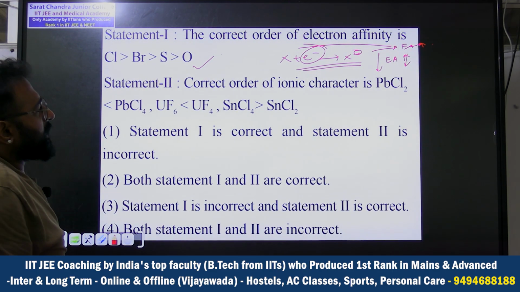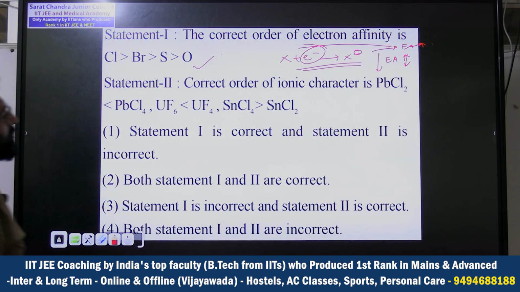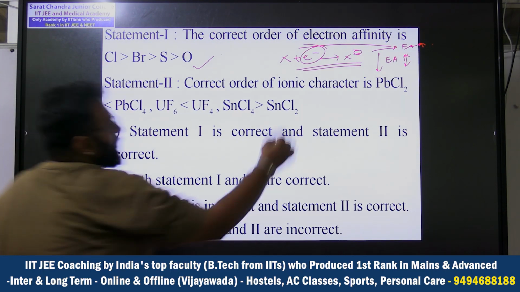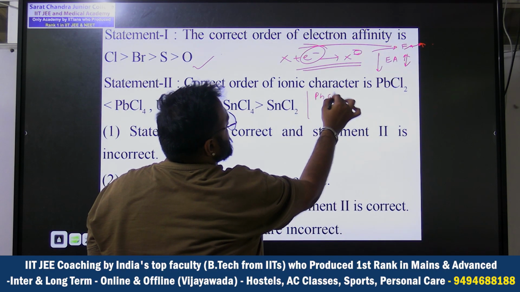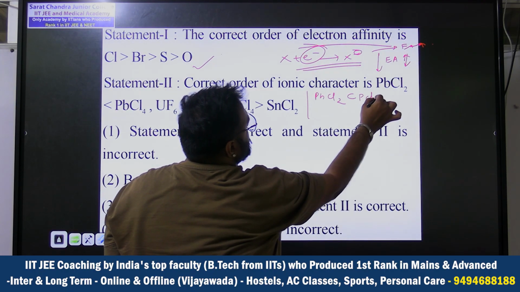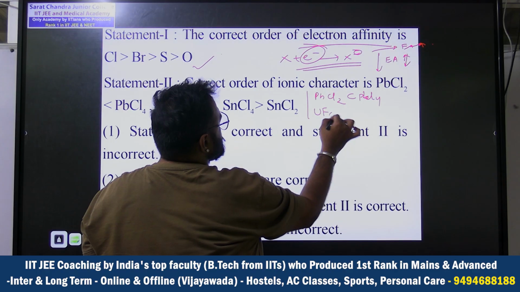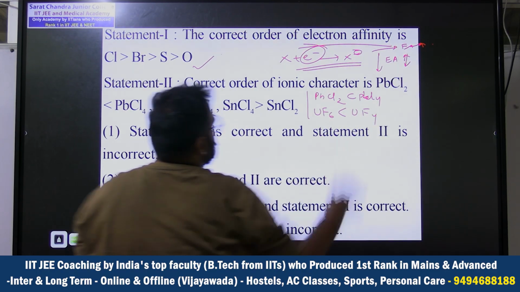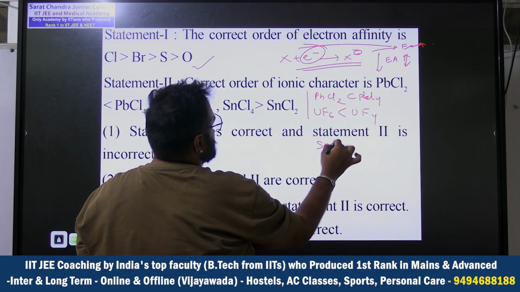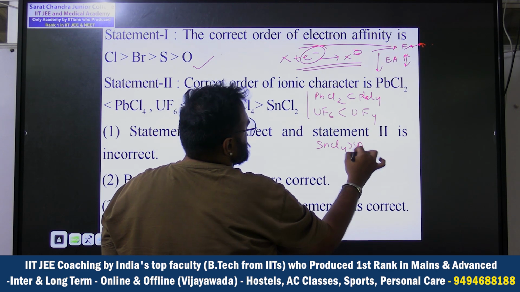Correct order of ionic character. So here it is saying PbCl2, PbCl4. Then it is saying UF6, UF4. Then it is saying SnCl4, SnCl2.